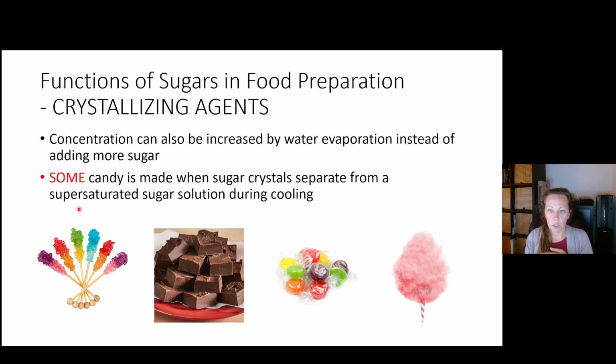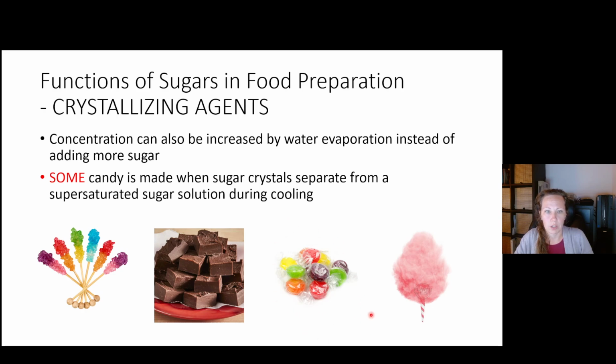Now, fudge, on the other hand, we use stirring to increase the number of crystals and therefore make the crystals smaller. And so our goal in fudge is a very small crystal, but we are having those crystals separate from the sugar solution, just like rock candy. Well, not just like it. Now hard candy, there's no crystals.